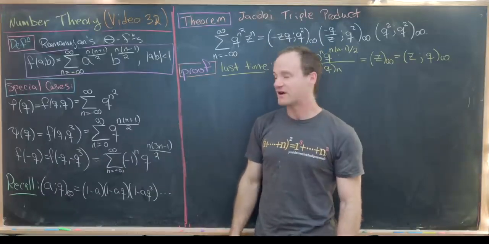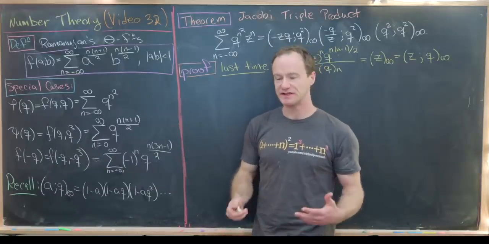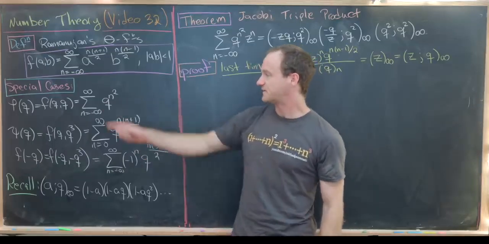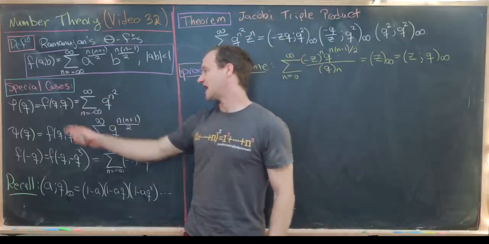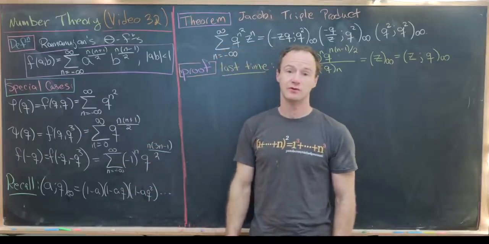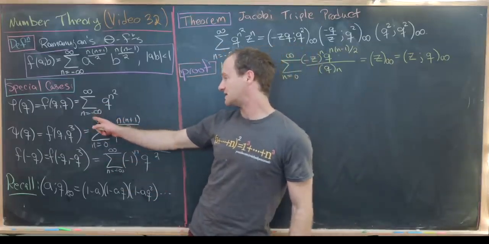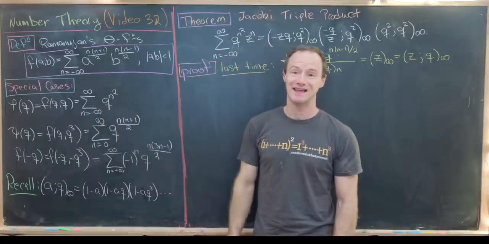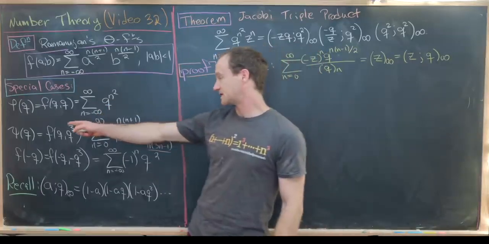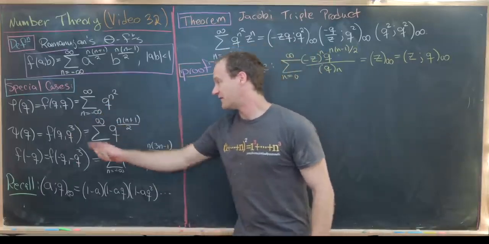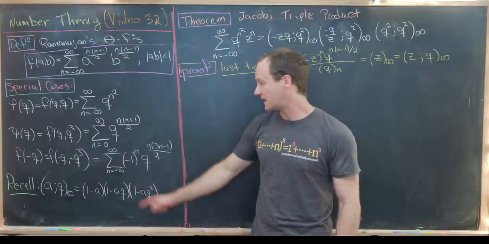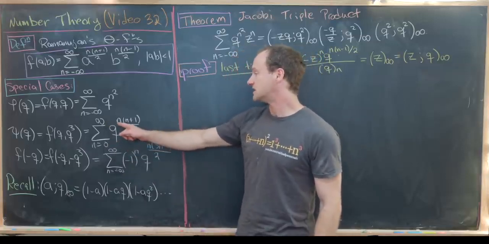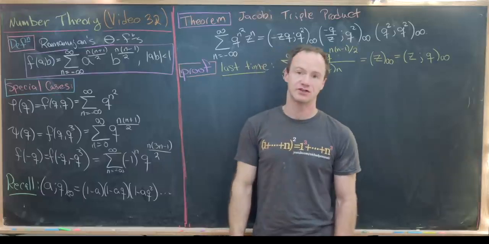So there are a couple of very special cases of this which will lead to some nice results. And I've given those right here. So there's phi of q, which is this f evaluated at q, q. So that's going to be the sum as n goes from minus infinity to infinity of q to the n squared. Then there's psi of q, which is f of q, q cubed, and that's going to be the sum as n goes from 0 to infinity of q to the n times (n plus 1)/2.